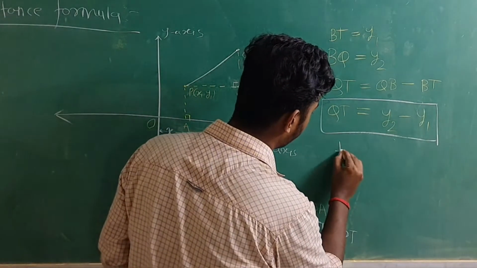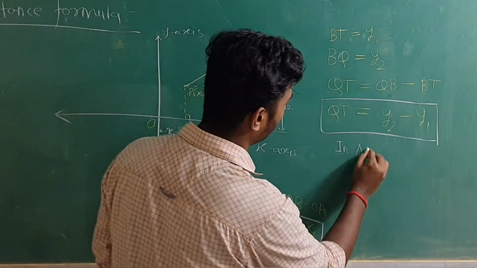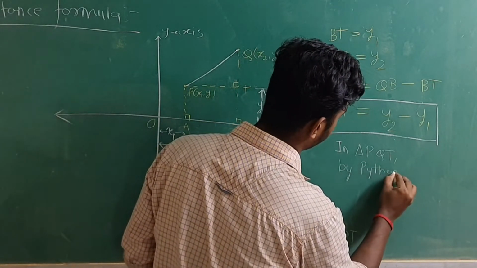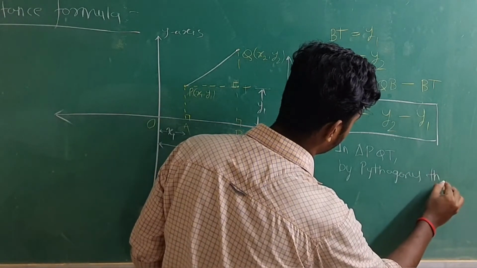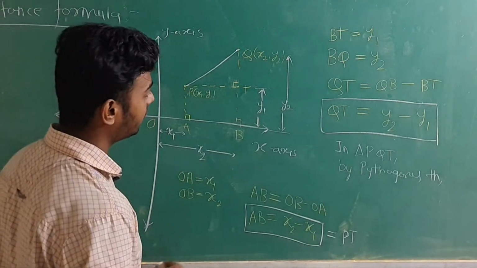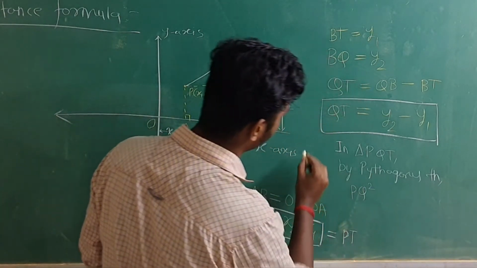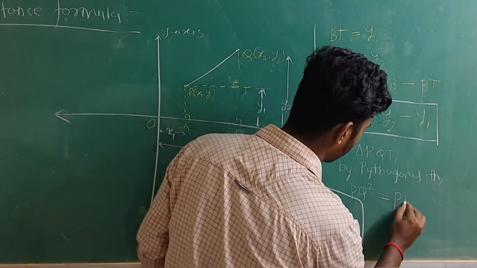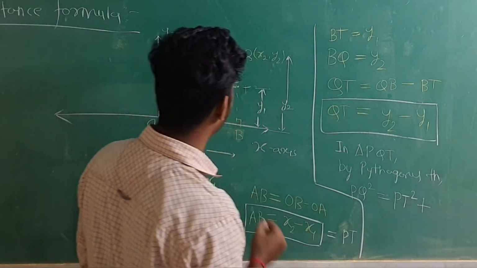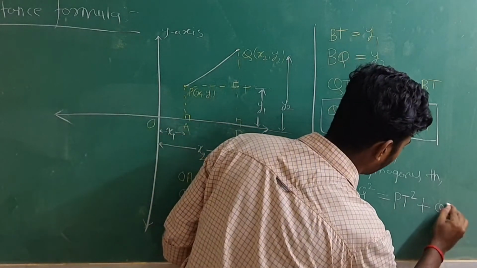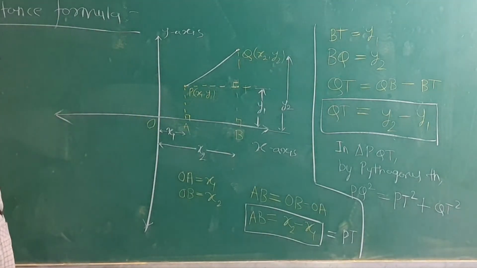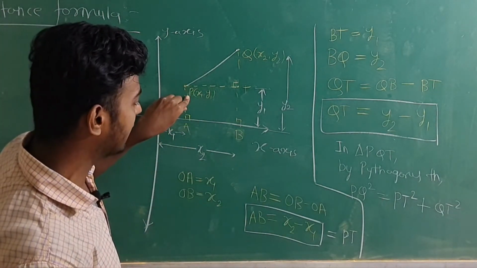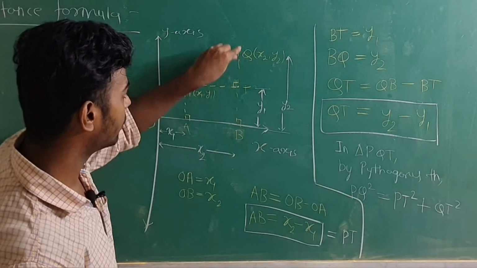Now in triangle PQT, by Pythagoras theorem, we can write PQ square equals PT square plus QT square.